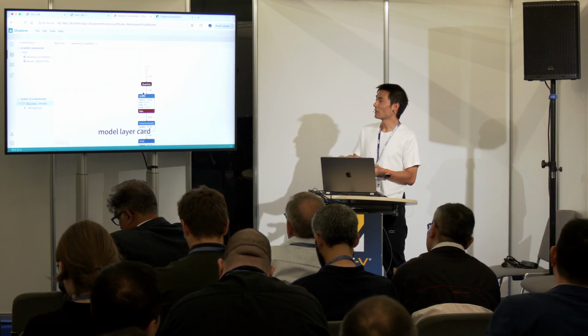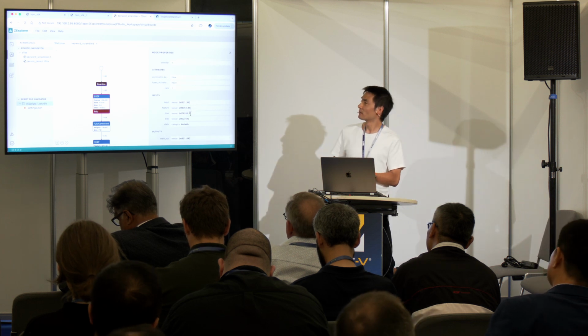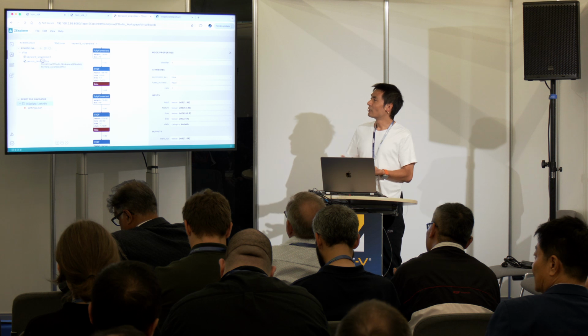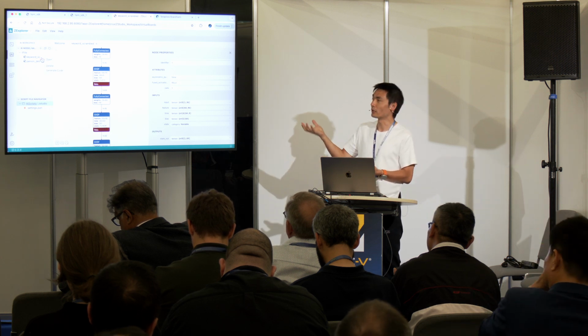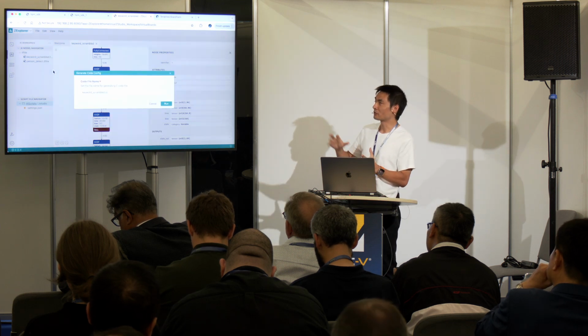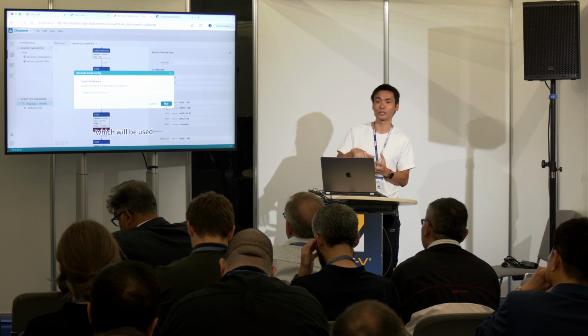You can see how each layer is presented on the canvas. After that, you can right-click and generate C code for the model. You can generate all the weights and the parameters for the trained model, which will be used in our project later.